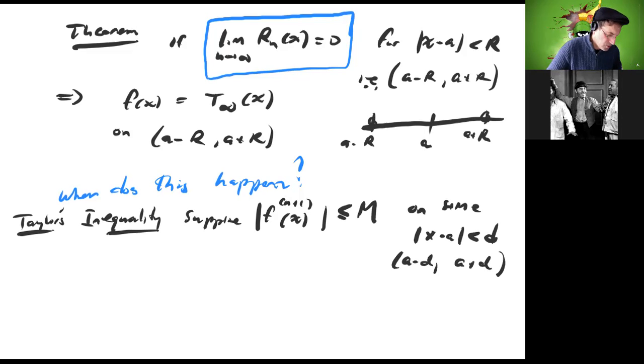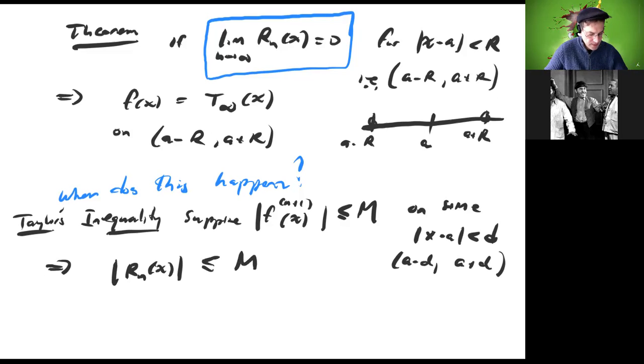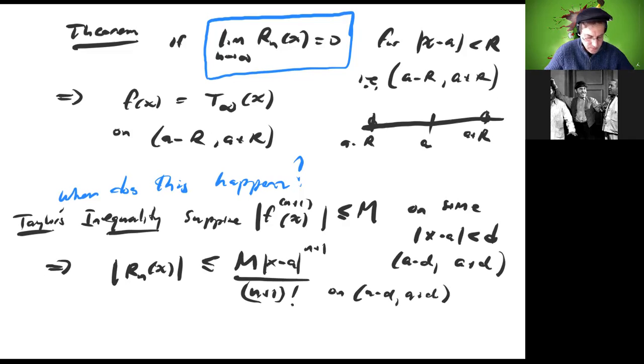Suppose this is true on some interval. Then the statement is that the absolute value of the error, that is this remainder, is at most M times absolute value of x minus a to the n plus first power over n plus 1 factorial on the interval a minus d, a plus d.